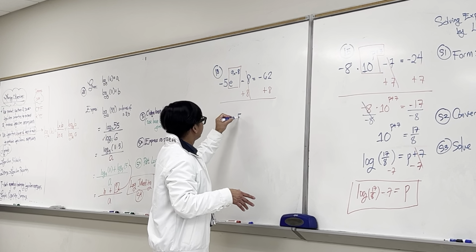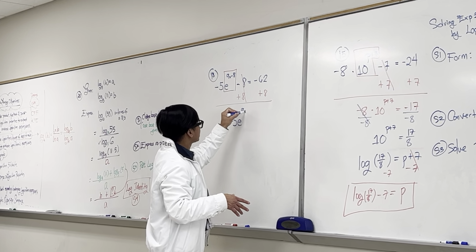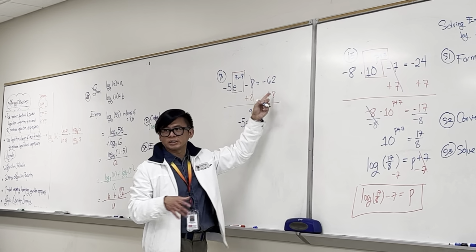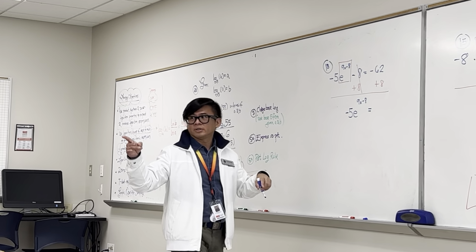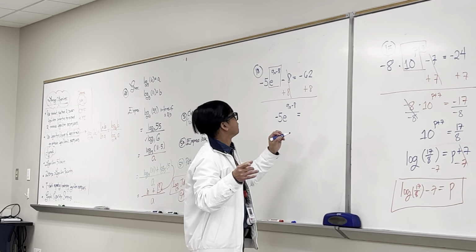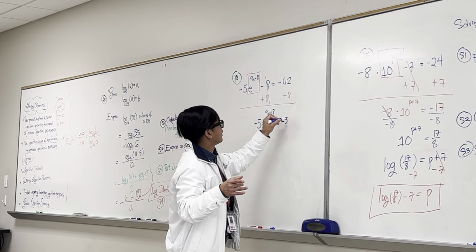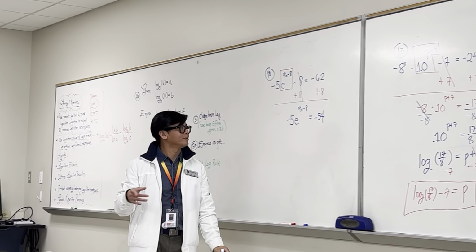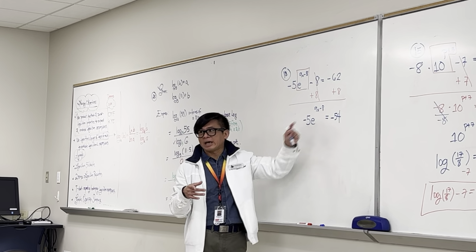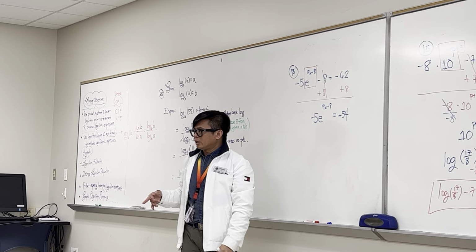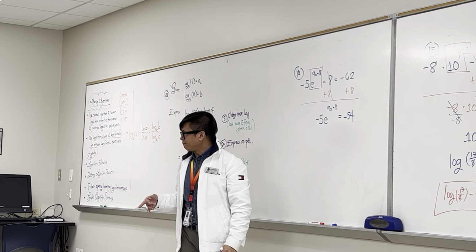Negative 5 e to the 9x minus 8 is equal to, what's that on your calculators, guys? Rachel? Negative 54. Oh, yeah, sorry, negative. No problem. There we go. Again, you just want this e to the 9x minus 8. What do you do with the negative 5?